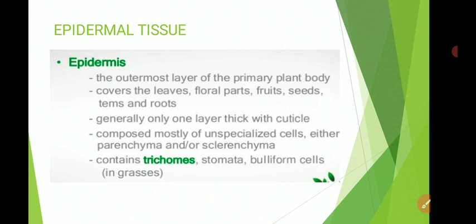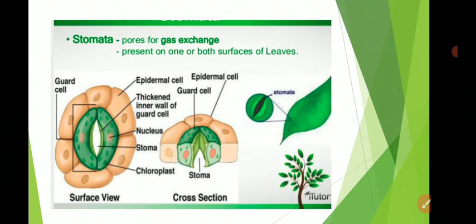So let's start with the first component of the epidermal tissue system, that is stomata. Generally, epidermal tissues are nothing but the different kinds of cells present on the epidermis. The outermost layer of a plant organ is epidermis, and on that outermost layer there are some outgrowths, complexes or thickenings, and these are known as the epidermal tissue system.